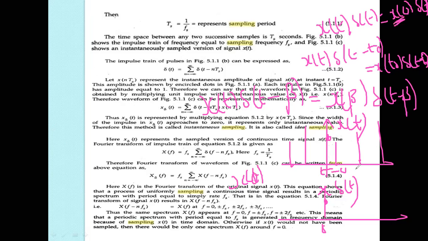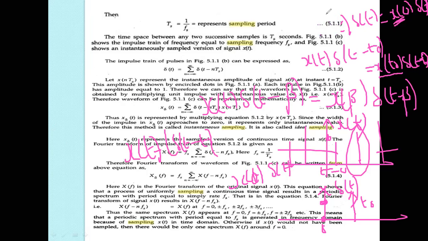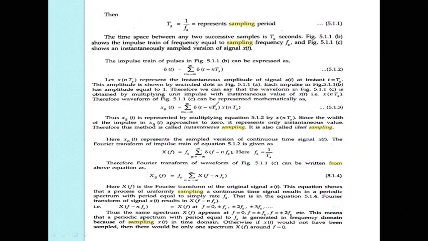You see here x of 0 and delta of t. Now the shifted version, x of t times delta of t minus t naught: there is no value at 0 here, only at t naught. The remaining values are zeros, so at t naught the signal x of t is multiplied with delta of t minus t naught. Follow my difference. These are the properties of the delta function. Okay.